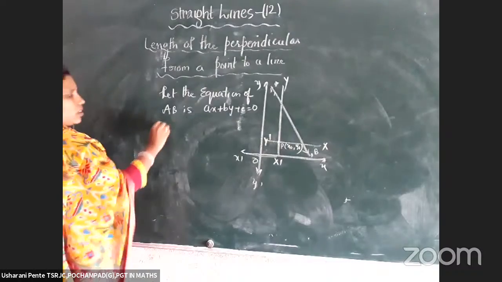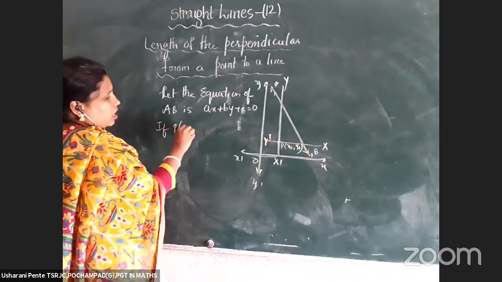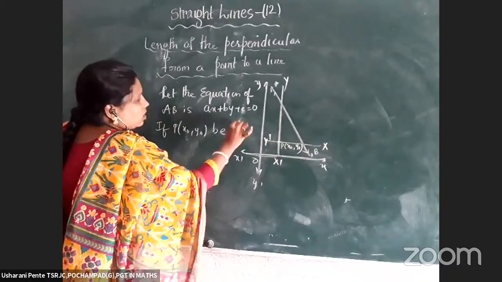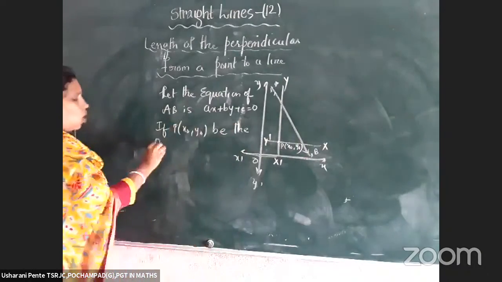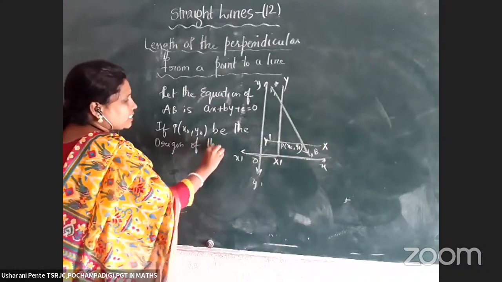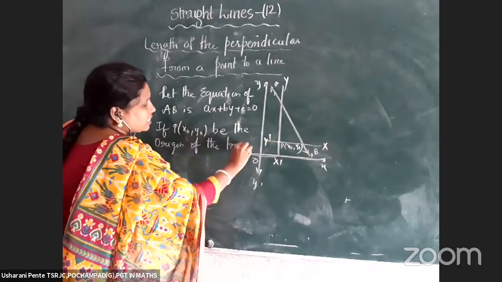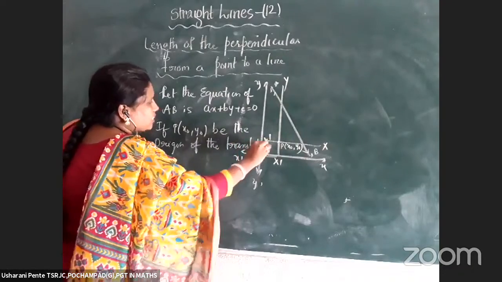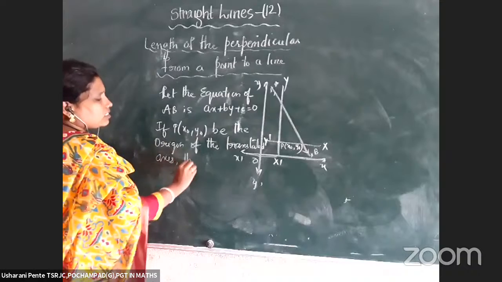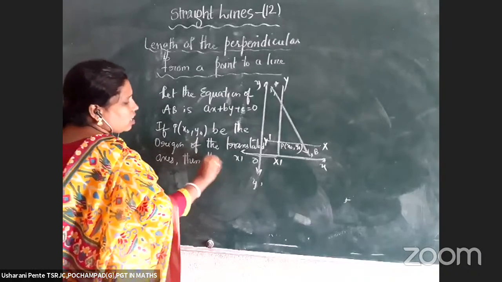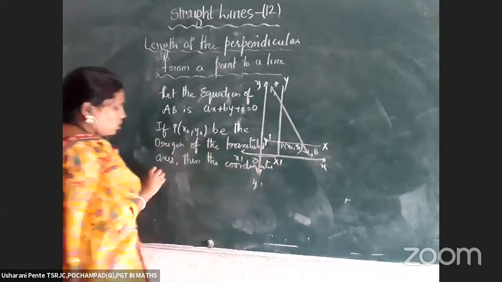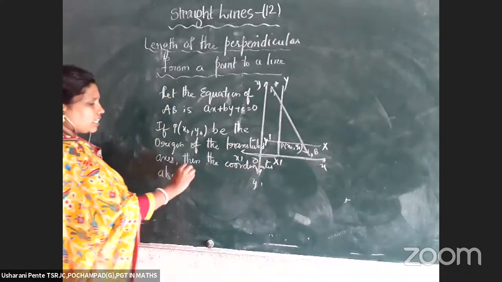If x0 comma y0 be the origin of the translated axes, then the coordinates also change.